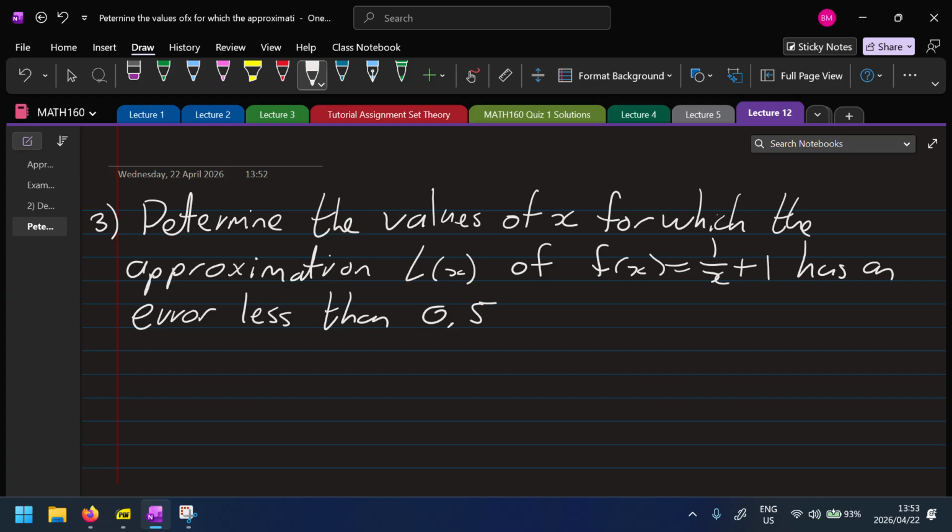Okay, so like before, we're going to set up the inequality, solve for the x values, and then we can check our answers. Okay, for all of these, you know how to use the Desmos now. You can check your answers to see if they're right.